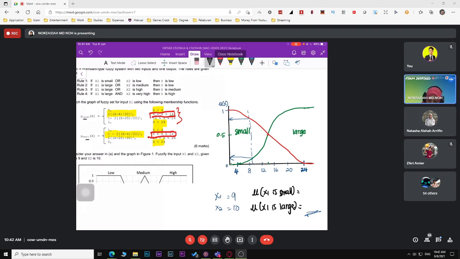Sebab tengok dekat graf ni, yang atas ni adalah small. Yang bawah ni adalah large. Okay, Daniel kata 0.125 for small. Ke the other way round, Daniel?